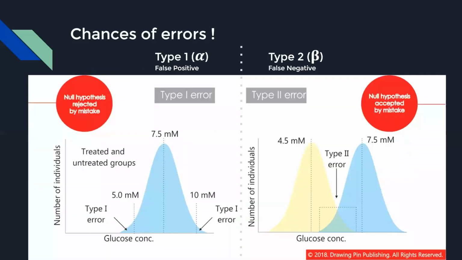So here is a probability distribution of glucose level. As you can see, it's a normal distribution graph where you can expect both types of animals, some with a higher glucose level even after the drug, and some animals with low glucose level, and most with a median glucose level of 7.5 mM.